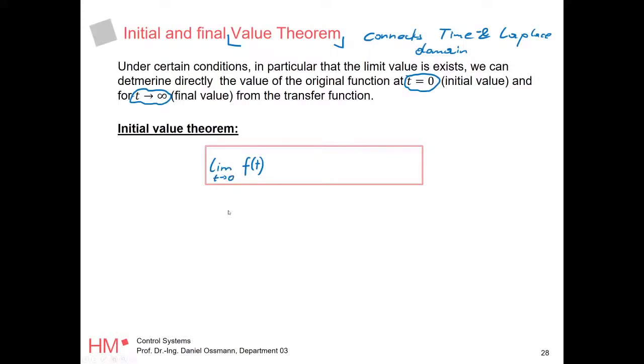But mathematically correct is to let t go to 0. In the Laplace domain, this is simply: take your Laplace transformed f of t, multiply by s, and this s here is important because it's often forgotten, and then let s go to infinity. And that's it.